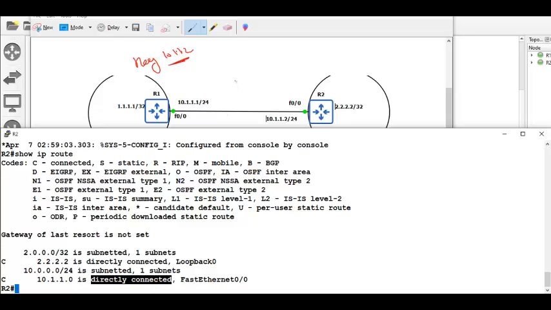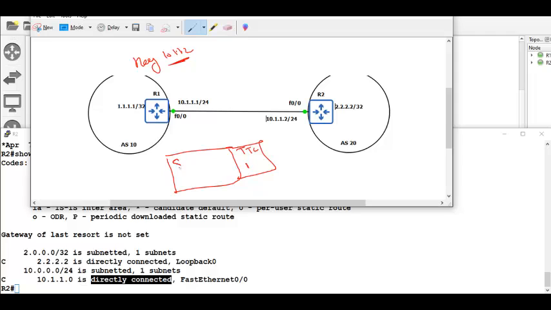So now it generates a packet with the source address of the exit interface address 10.1.1.1, destination address is 10.1.1.2, and it will send the packet out, and as soon as it goes here, it becomes TTL what? 0.